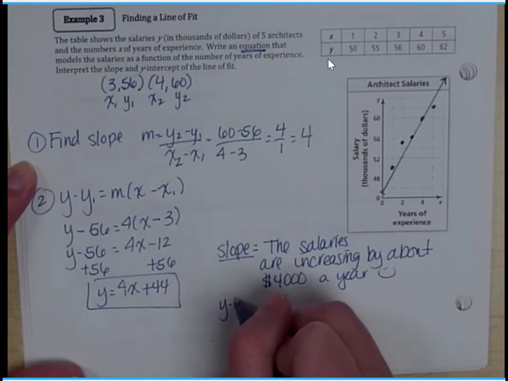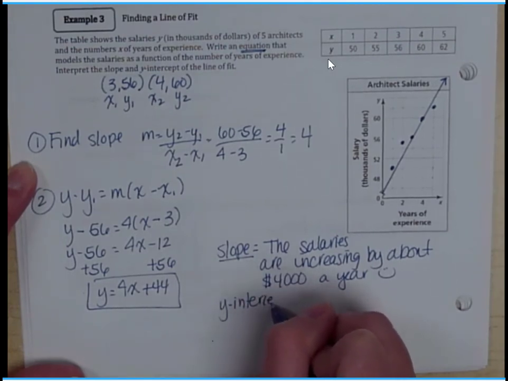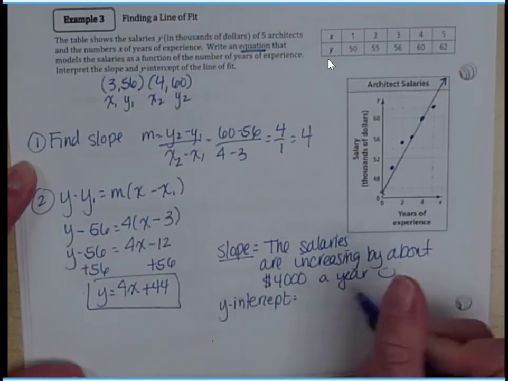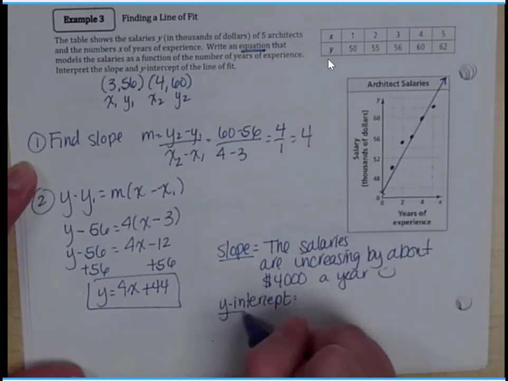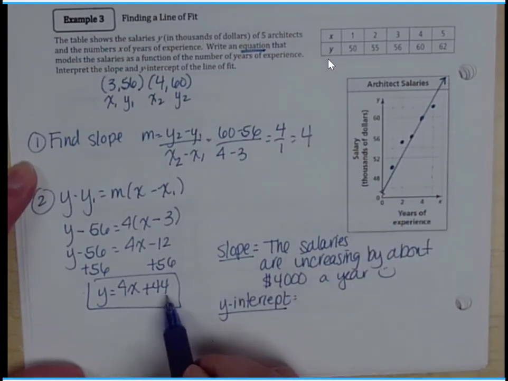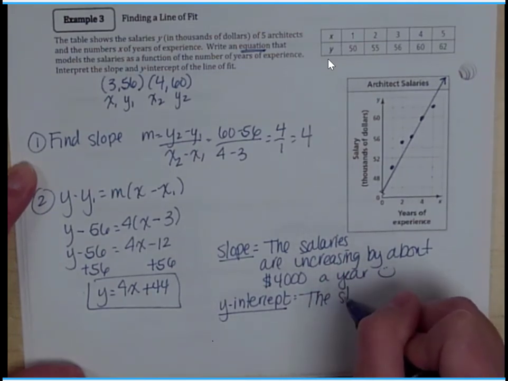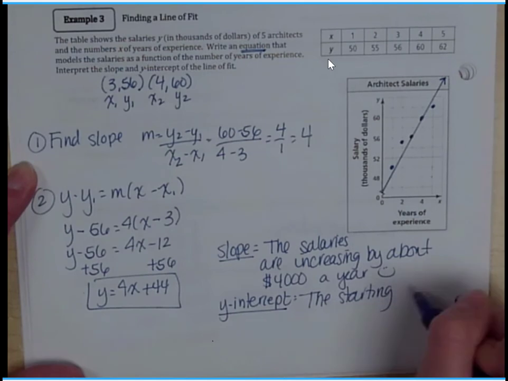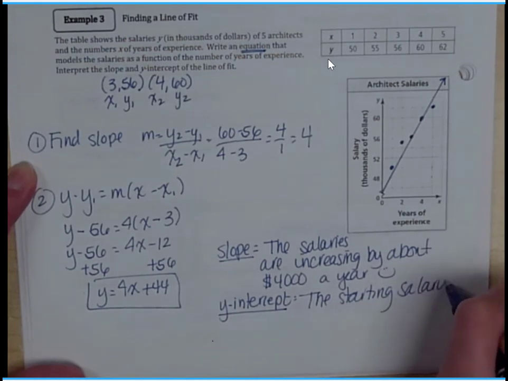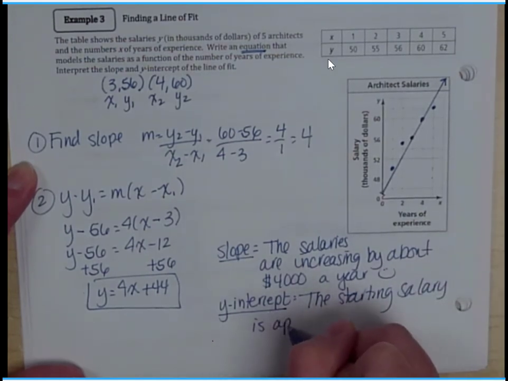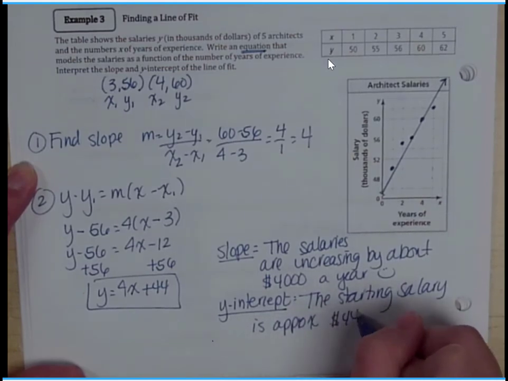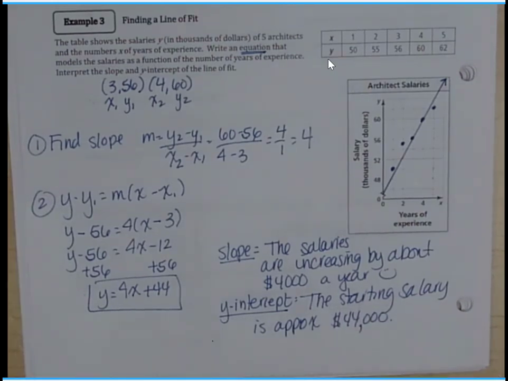Now, my y-intercept, remember, that's when x equals 0. So at 44, that would be a starting salary. So the starting salary is approximately $44,000. Again, if you use different points, your answer may vary just a little bit.